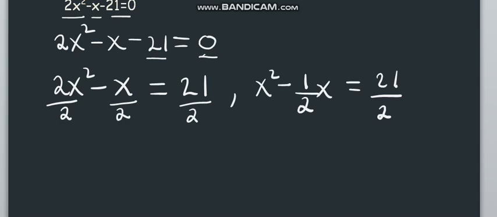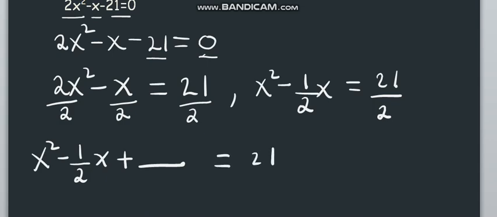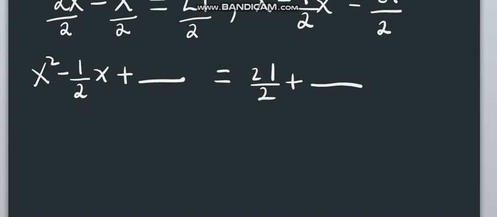Yes, we shall have x squared minus a half of x, plus we shall introduce something, also we shall add that something which we introduced on the left hand side on the right hand side.